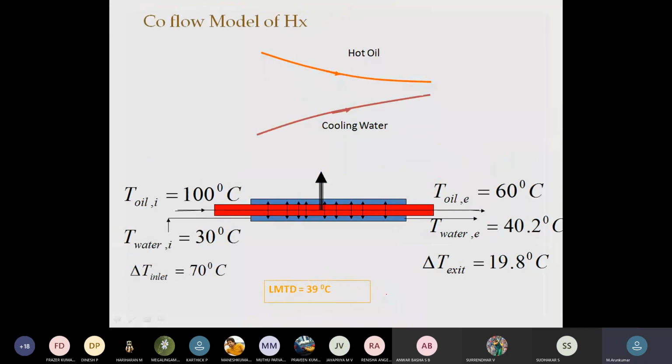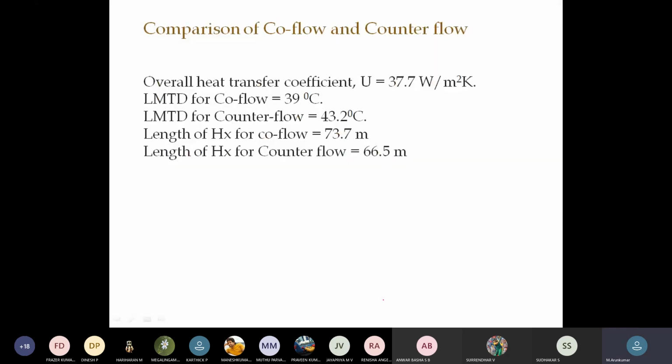If you calculate the LMTD for this parallel flow heat exchanger, it will be around 39 degrees Celsius. So there is the comparison, 39 degrees Celsius and 43 degrees Celsius. Then the length of the heat exchanger can be calculated with the equation.